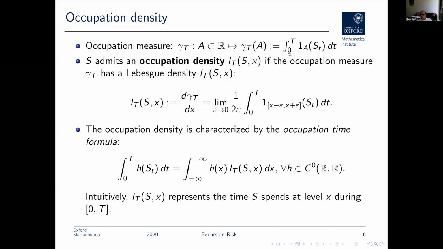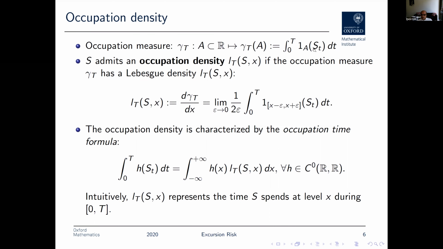So this is the occupation measure on 0 to capital T. I just integrate the indicator from 0 to t. This tells me how much time this path has spent in the set A.